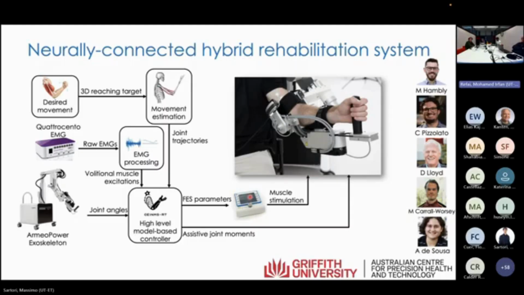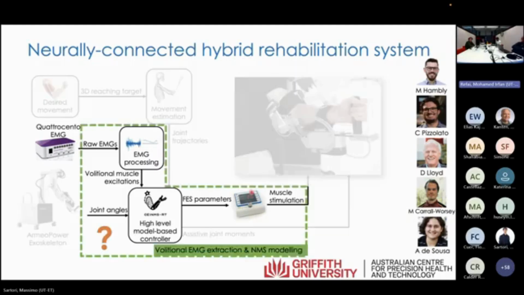And again, the structure is very similar to what I showed you before. This is the core CEINMS pipeline, which essentially takes raw EMGs and joint angles directly from the exoskeleton. But in this case, they're using CEINMS not only to fine-tune the torque of the exo, but also to fine-tune the functional electrical stimulation given to the muscles.